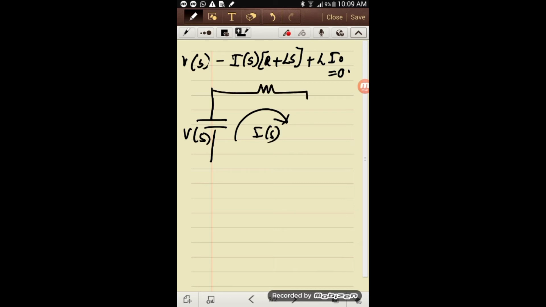So R plus Ls, R and Ls. So current is entering here, leaving here, entering here, leaving here. So V of s minus R plus Ls into I of s has come there. Then plus Li0, so it should be like this. That is a voltage source and its polarity should be like this. As per the equation, Li0 should be placed like this.